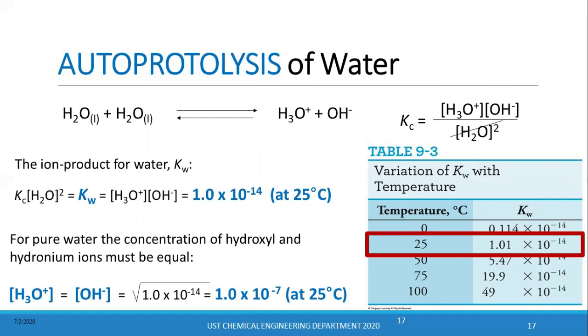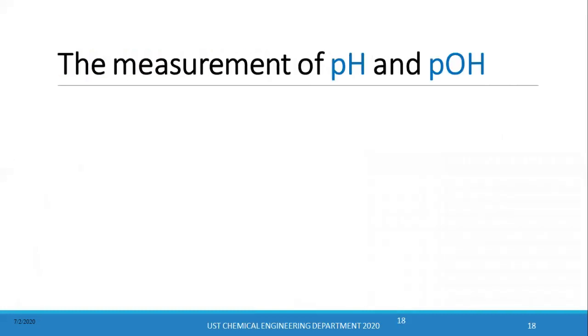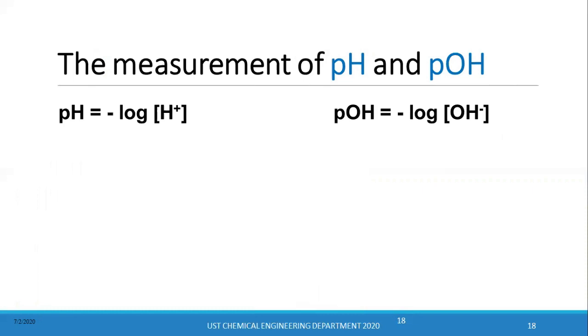To better represent the values of hydronium and hydroxide ion concentrations in the solution, we will introduce the concept of pH and pOH. pH is defined mathematically as the negative log of hydrogen or hydronium ion concentrations. Again, parehas lang yung hydrogen and hydronium ion. Similarly, pOH is defined as the negative log of hydroxide ion concentrations.